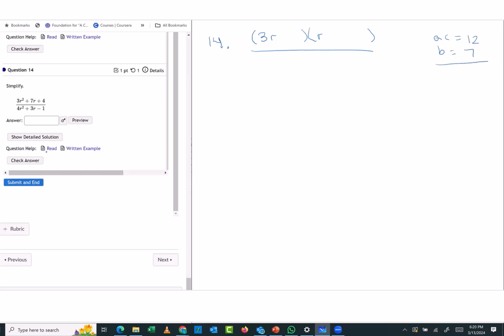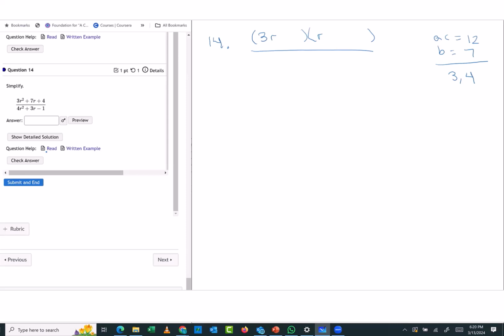I need my factors to be 3 and 4. Because 3 times 4 is 12, and 3 plus 4 is 7. If you can't follow this, just do the long way. Don't worry about it. This is a little advanced, but I might as well show you while I'm at it.